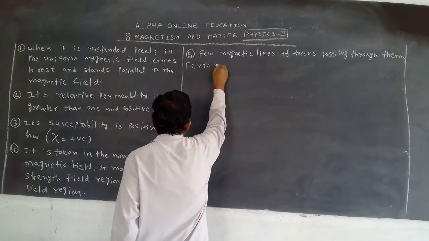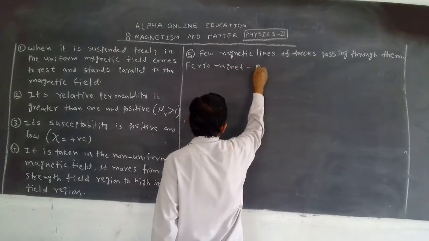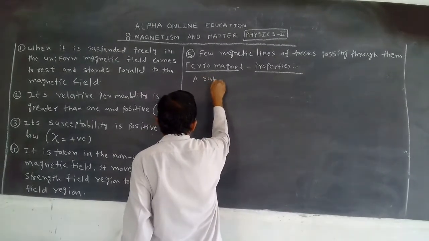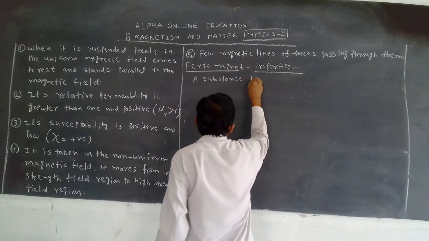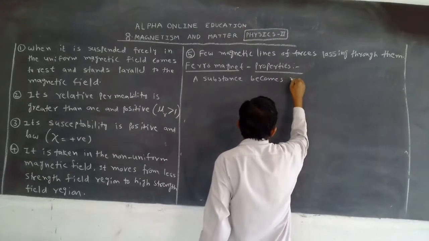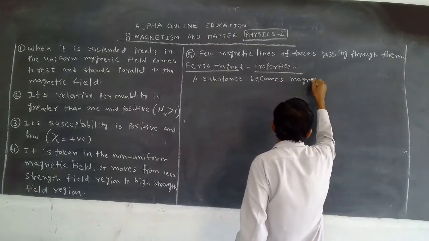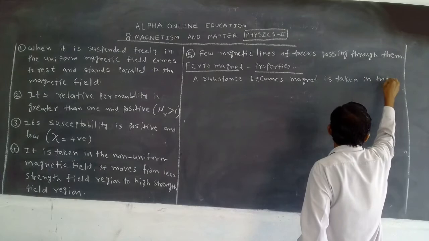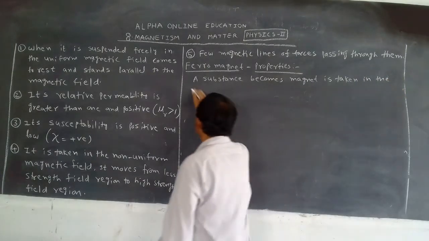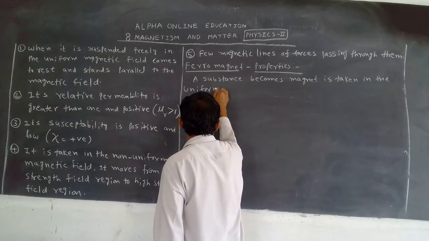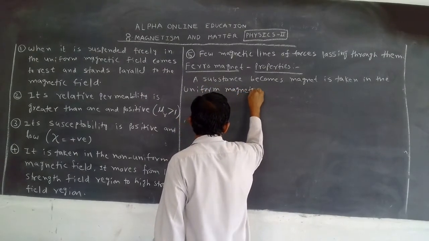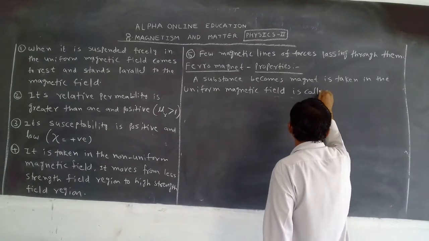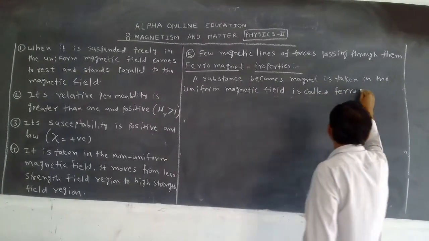And last one, ferromagnet. Ferromagnet properties. A substance that becomes a magnet when taken in a uniform magnetic field is called a ferromagnet.